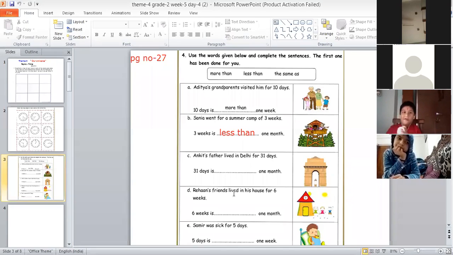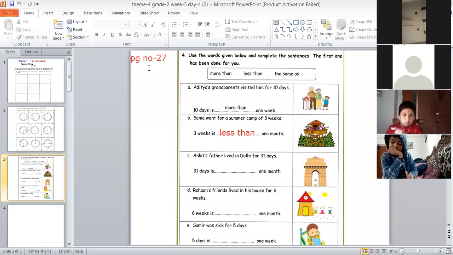So you tell me, if Ankit's father lived in Delhi for 31 days, then is 31 days more than 1 month, less than 1 month, or same as 1 month? Same as 1 month.